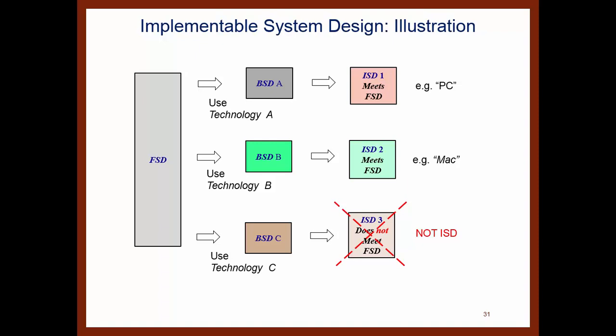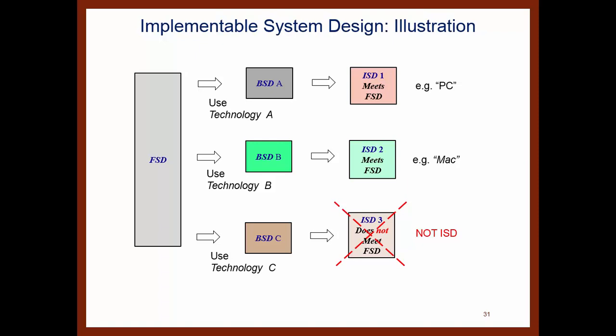So here's a representation of what we just discussed. We start with the functional system design. That's what is represented here with the illustration. And then we're going to have multiple options in terms of technology. So that's why we have three boxes here.